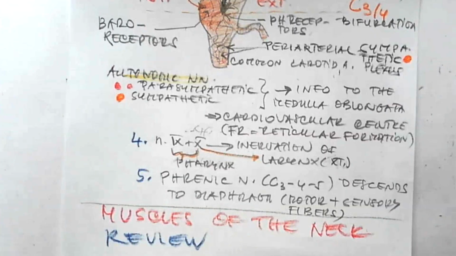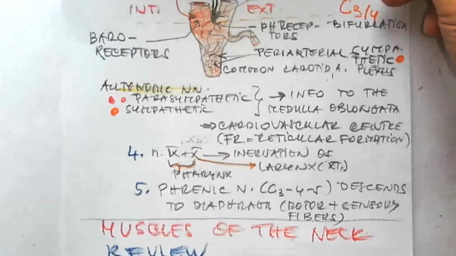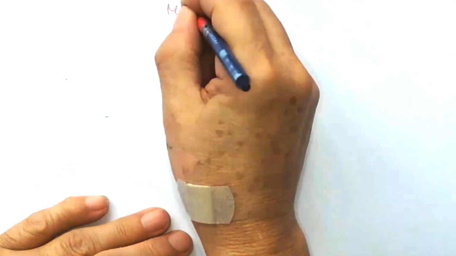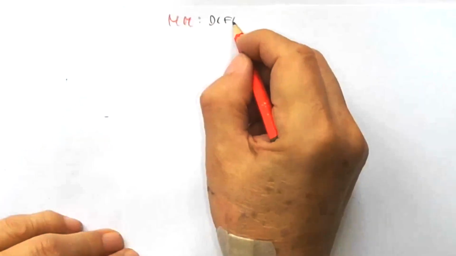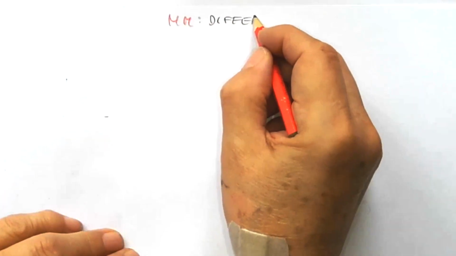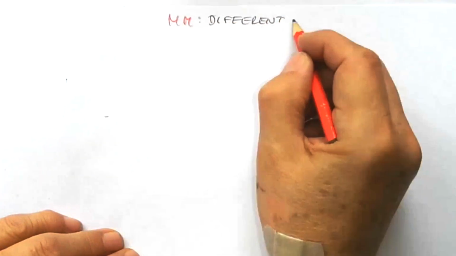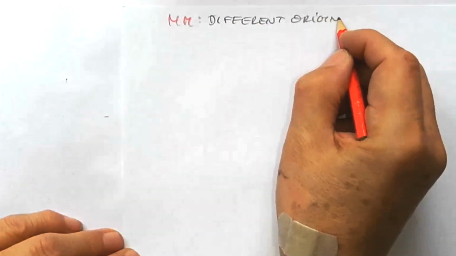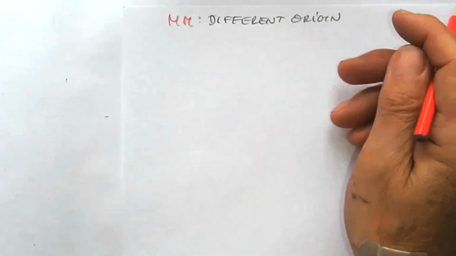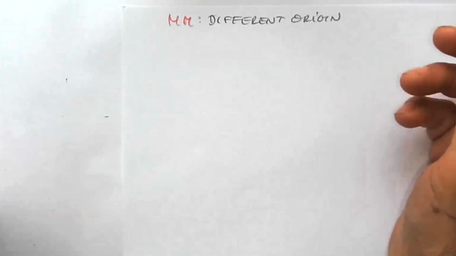We know that the muscles are of different origin. We know that origin means also based on the innervation of the branchial arches.